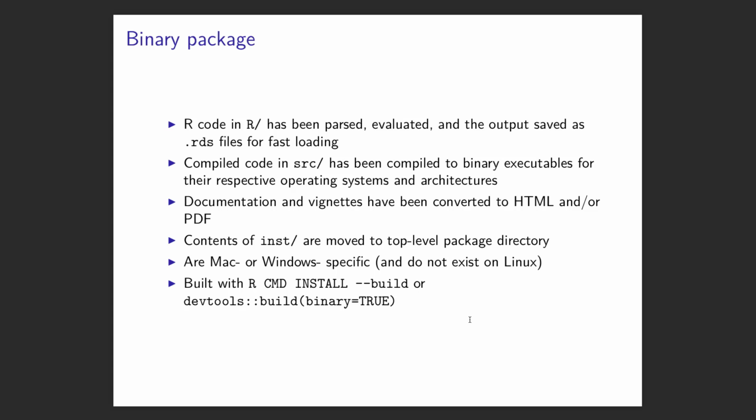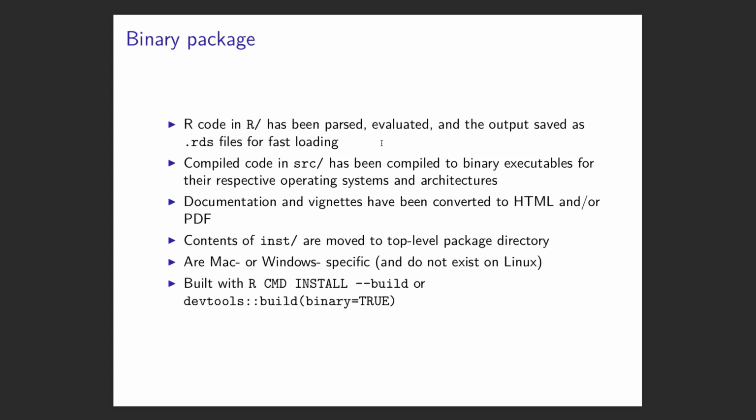But what a binary package is, all of the R code in the R directory has been parsed, evaluated, and output as saved .rds files for faster loading. I believe the newest versions of R also byte compile them by default. So all of the R code has been changed from plain text source code into some sort of binary format that R can easily and quickly load.